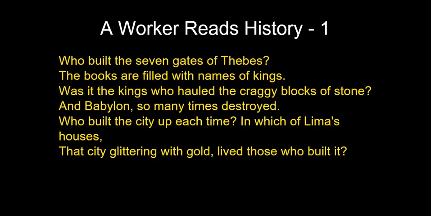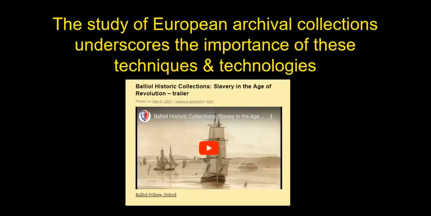As he points out in the second and third line, the books are filled with names of kings. Was it kings who hauled the craggy blocks of stone? Not quite. This is why who's in the circle to ask the questions about these maps is very important. Professor Gifford's point is crucial.